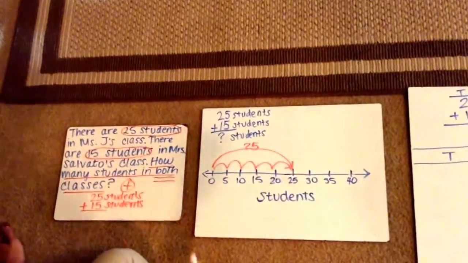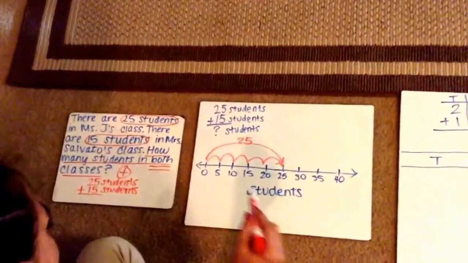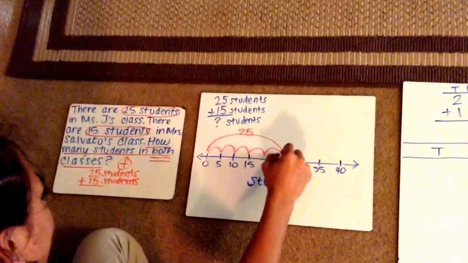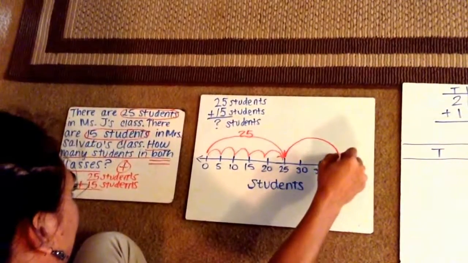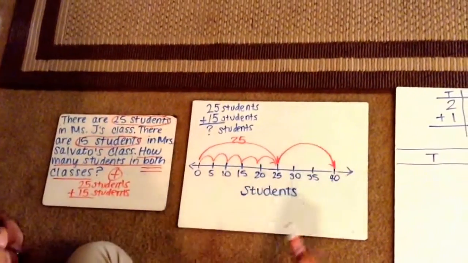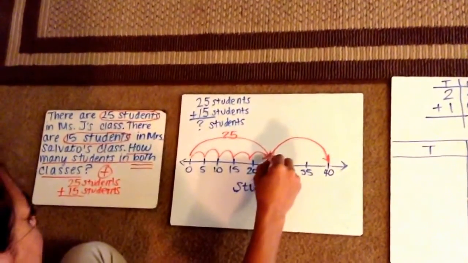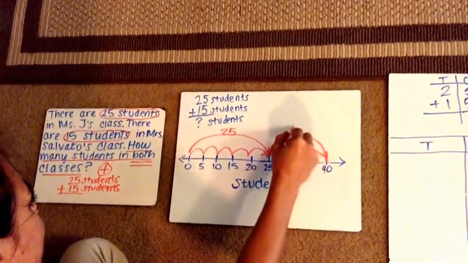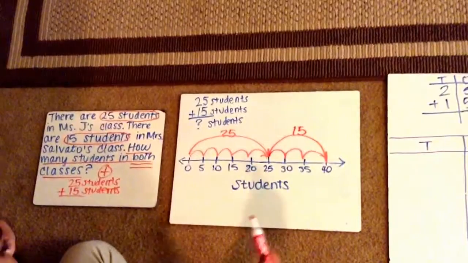Okay? Now we have to add to this 15 students. So we put our pen back on 25 and we jump 15 spaces. Let's double check to make sure that's 15. Skip counting by fives. 5, 10, 15. So this indicates our 15.